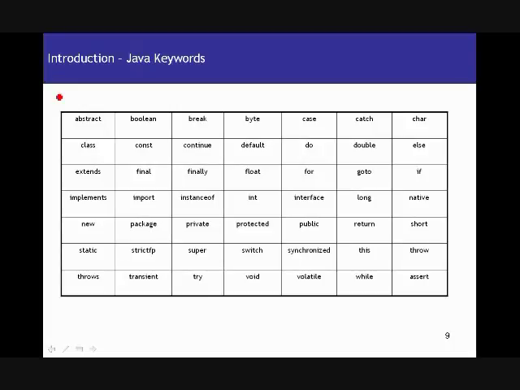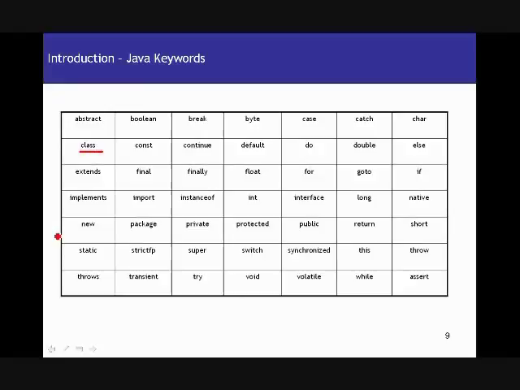So you cannot use any of these keywords in your program in any other way, and only in the way in which it's actually supposed to be used. Each of these keywords has some kind of significance in the Java programming language.